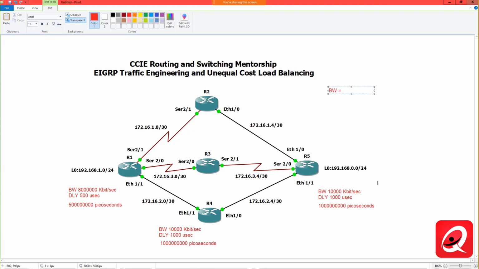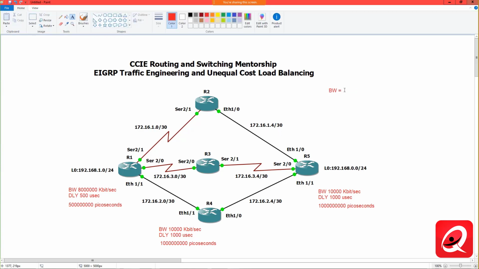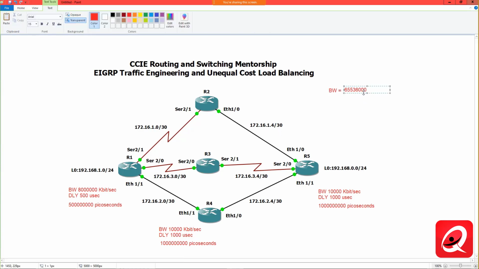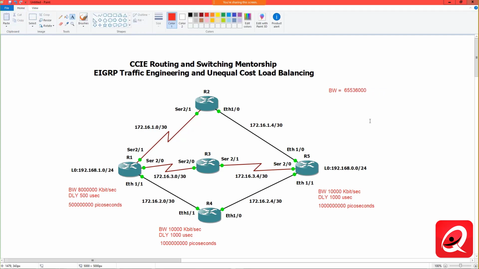We'll take that number and put it into this value here. Now, if we were using K2, that would change. If you want to review how that would change, go back to the lesson we did yesterday.